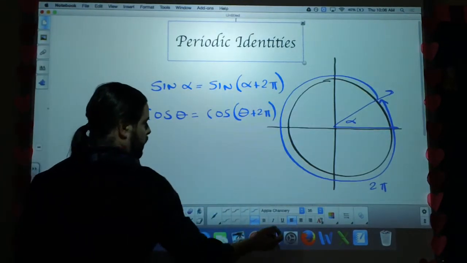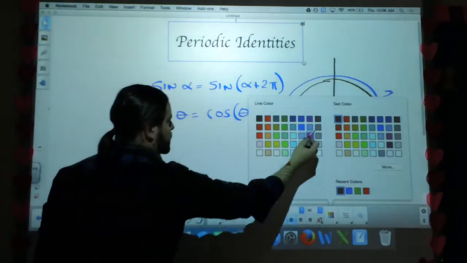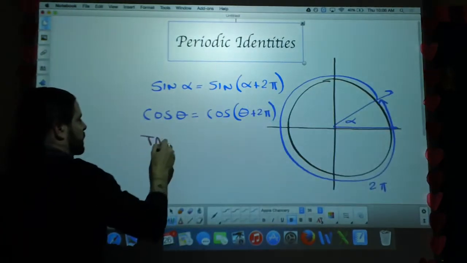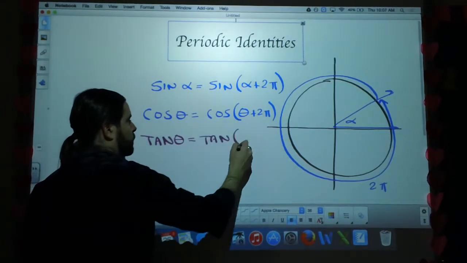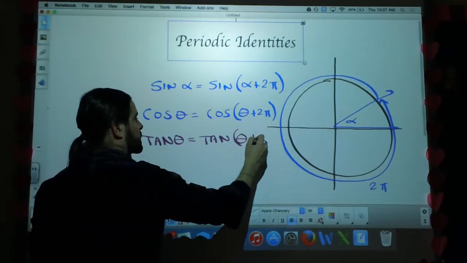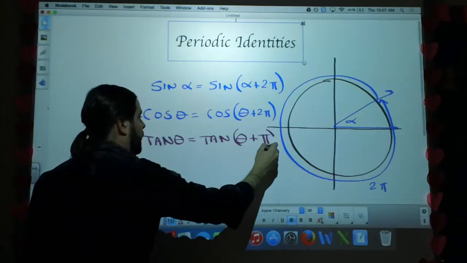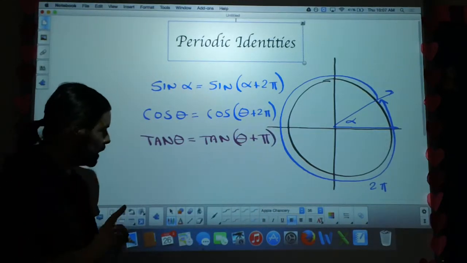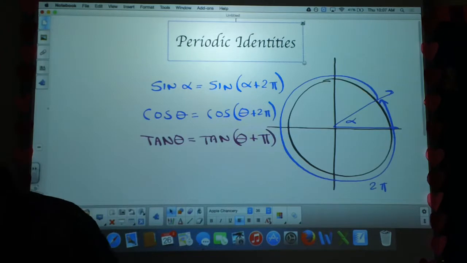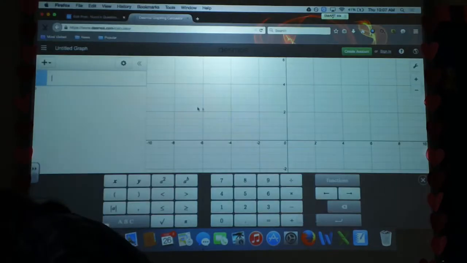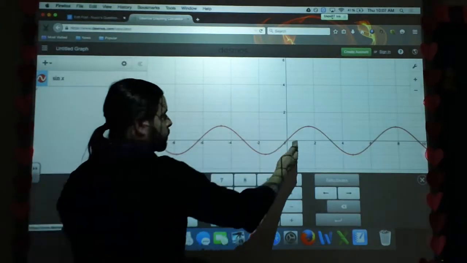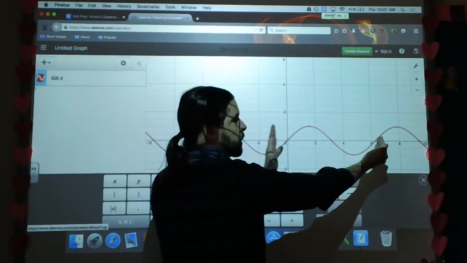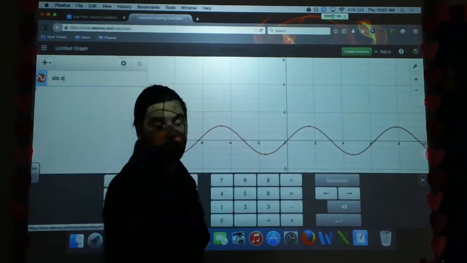Now here's the tricky one. It's not really tricky, it's just a little different. And it's the tangent of an angle equals the tangent of that angle plus pi. And the reason, not 2 pi, but pi, has to do with the graph. So I'm going to bring up sine of x. Now we can see sine of x repeats every 2 pi, every time around the circle.